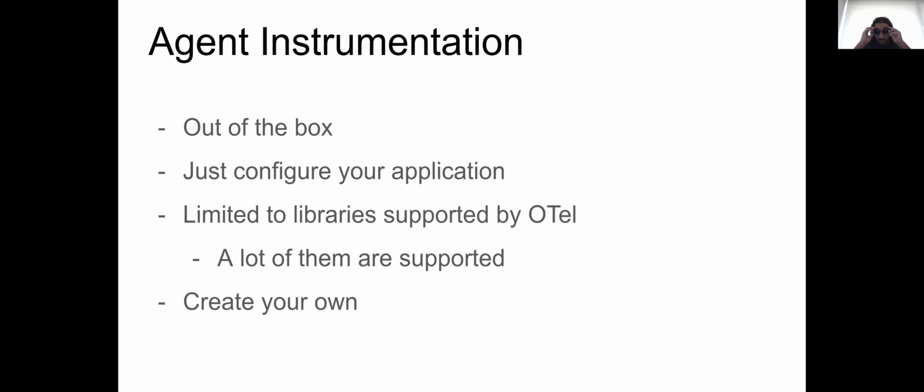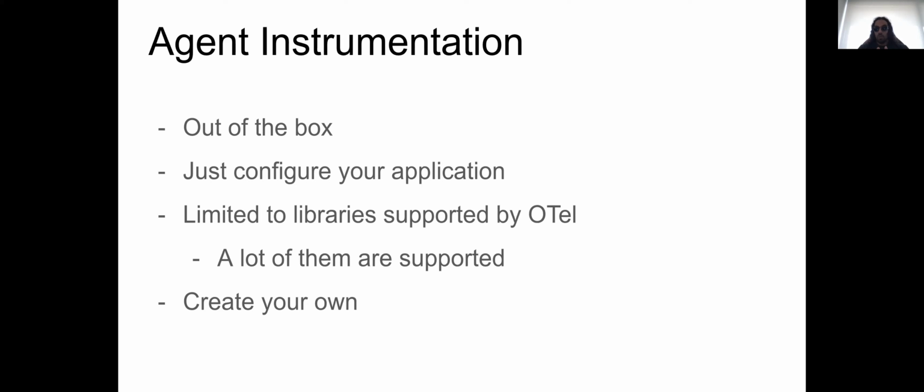Okay, since this is mostly a Java conference, I'm going to focus on the Java aspects of OpenTelemetry, even though, as I mentioned, OpenTelemetry is not only for Java. If you're working in other languages, you'll use the OpenTelemetry libraries to include OpenTelemetry in your application.